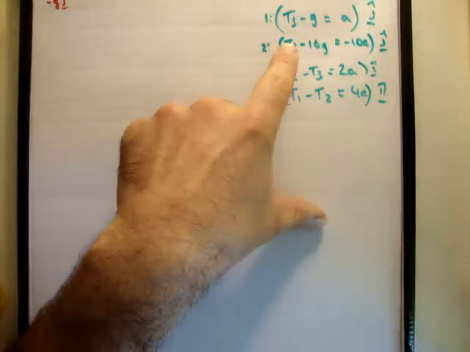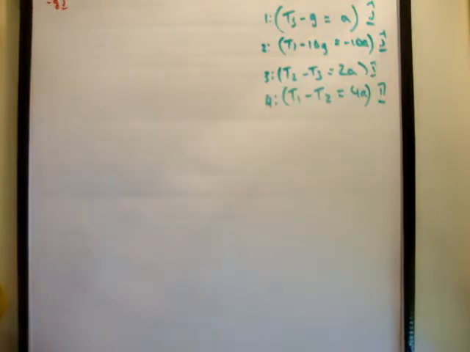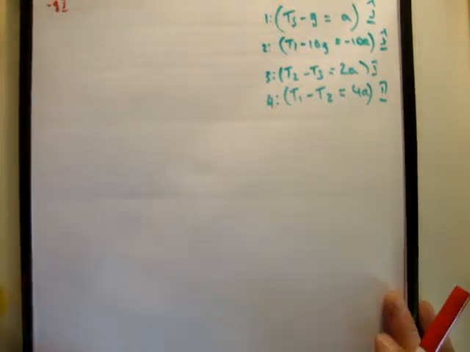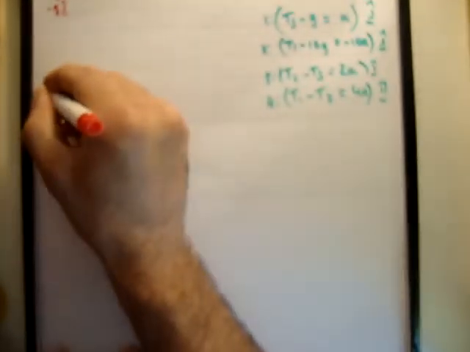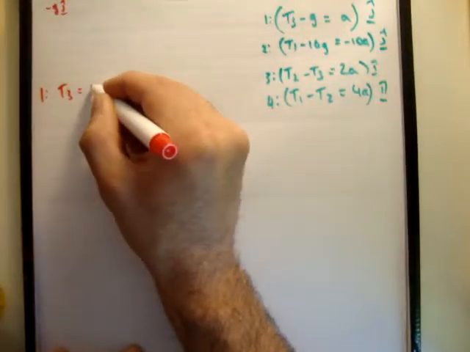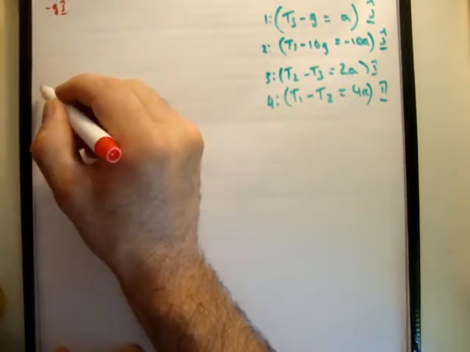We can do the same with T1, and we want to be able to do the same with T2 here. So as a result, we're going to be able to get everything in terms of a and g. So let's just start off with equation 1. We're going to get that T3 is equal to a plus g, and I'm going to call that equation 5.